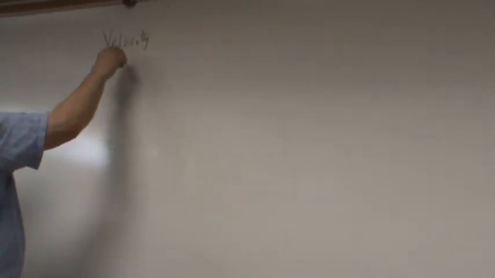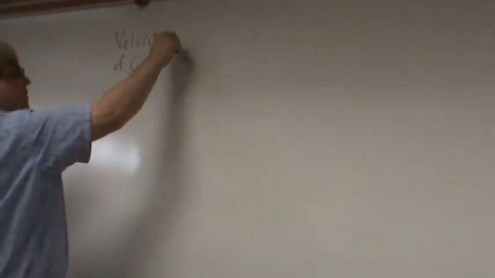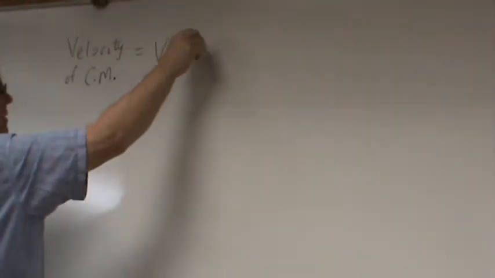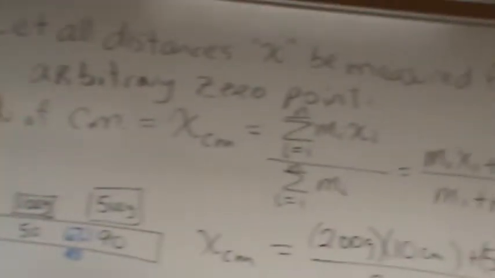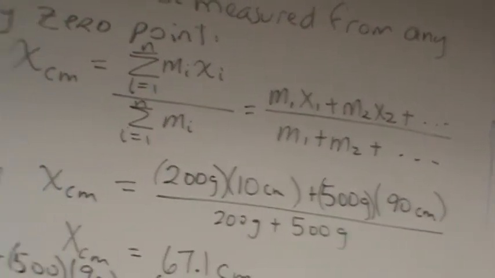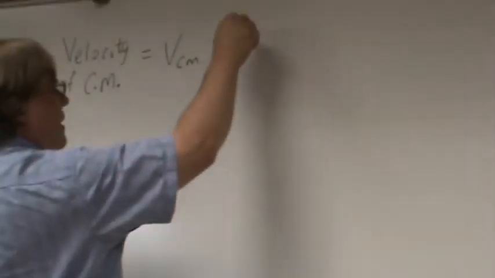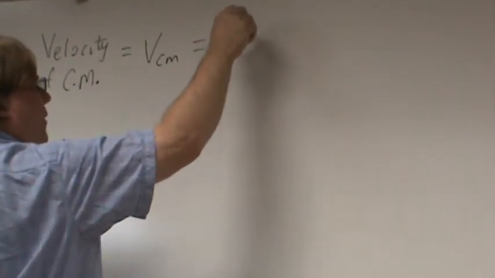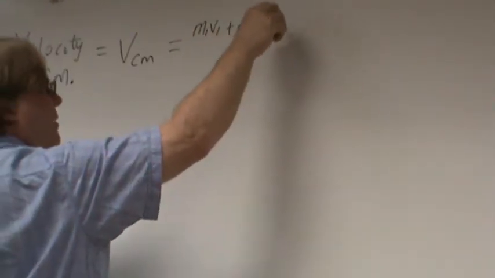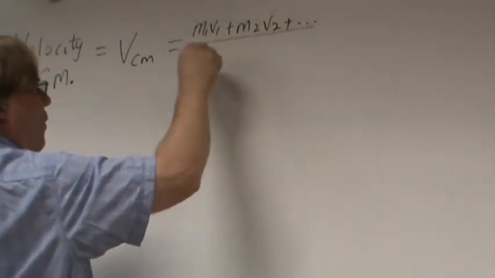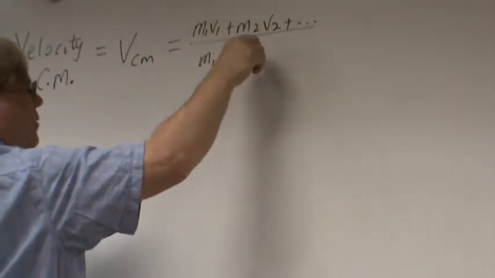The velocity of the center of mass, which I'm going to call V sub cm, we essentially do some mathematical trickery where we get the delta x and turn all these into delta x's, then we divide by t, but don't worry about it, I'm just going to tell you what it is. It ends up being m1 v1 plus m2 v2 plus dot dot dot over m1 plus m2 plus dot dot dot.